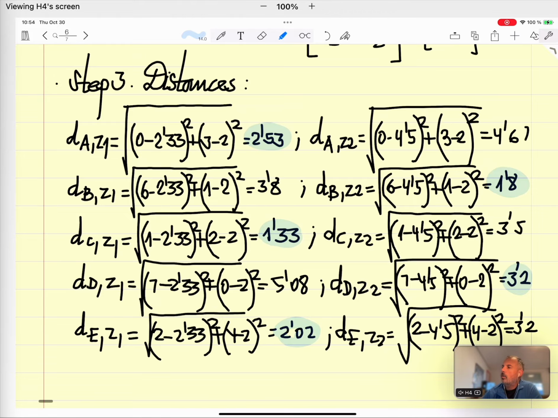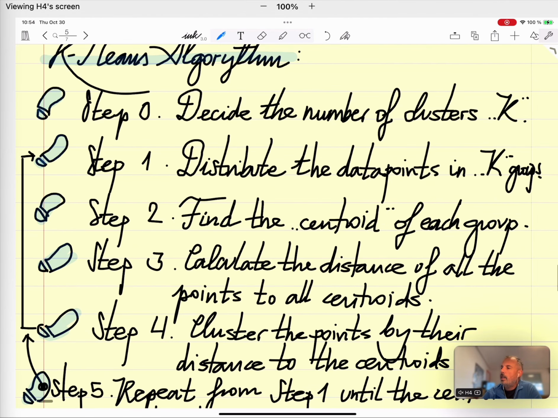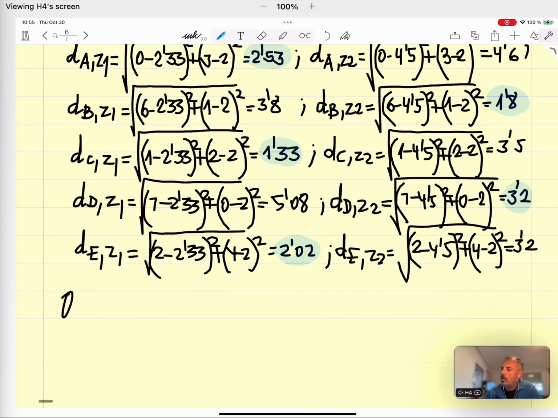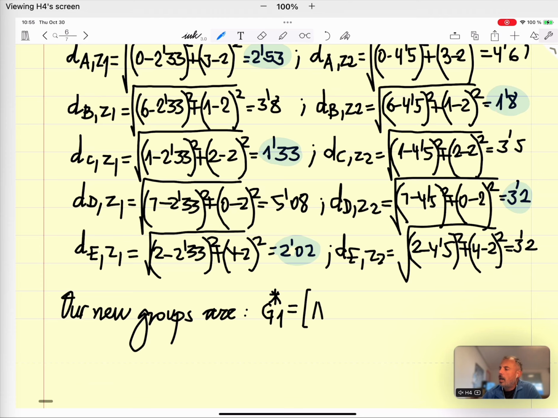So now we just finished the first steps 1 to 4. Okay, so now we need to go back because our new clusters are: group 1 star is A, C, and E, which is not what we saw in the beginning.